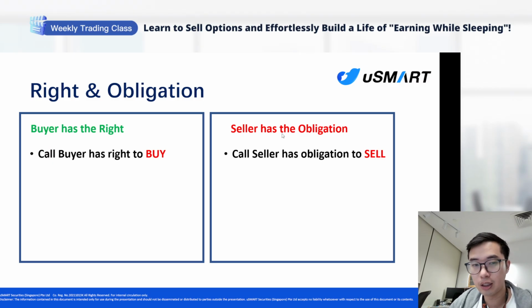So, in summary, for buyers in call options, the buyer has the right to buy. What does it mean to have the right to buy? It means just now the buyer can buy the house at 700,000, right? So what if the price drops to 600,000?